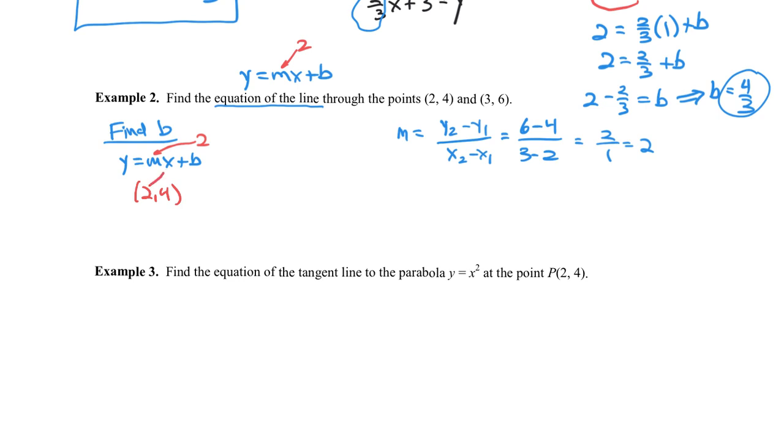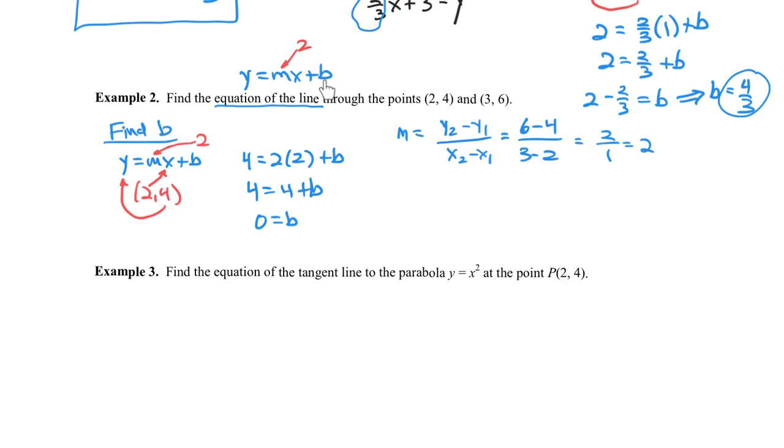So I've got x and y. And now I just plug this in to solve for b. So I'll get 4 equals 2 times 2 plus b. 4 equals 4 plus b. So subtract 4 from each side. And of course, we get 0 equals b, or b equals 0.